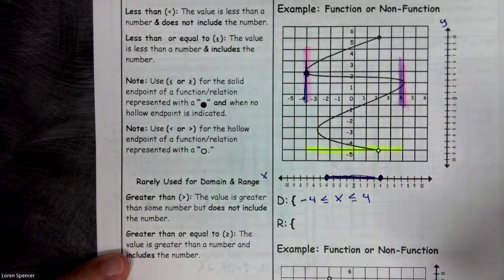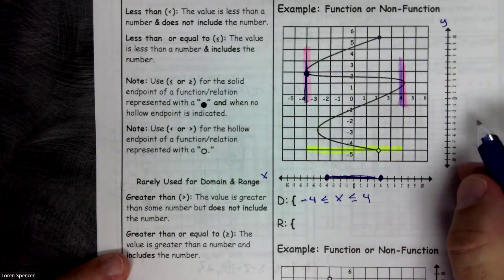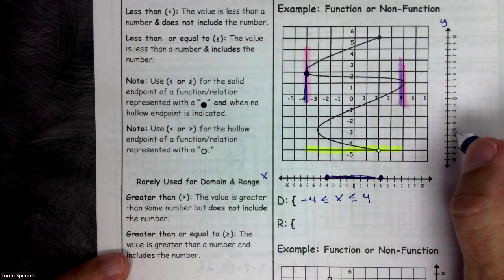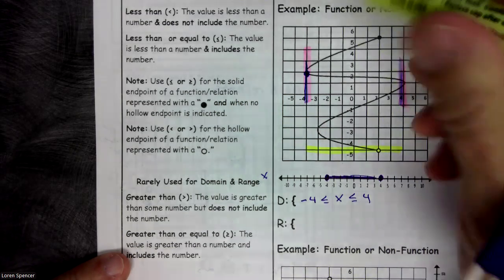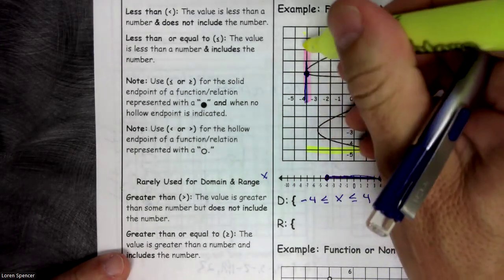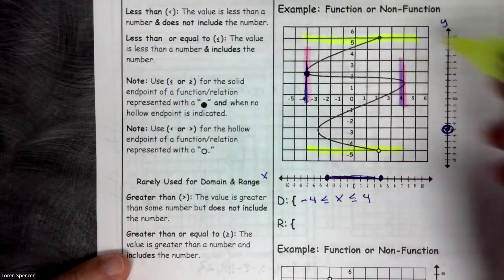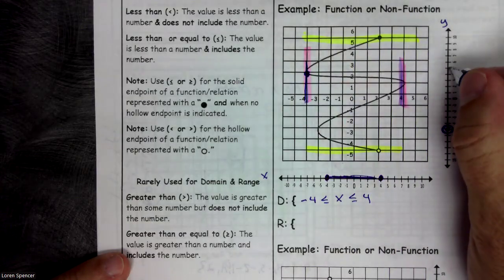Start it at the bottom. So our range starts at negative 5. And it should be a hollow. All right, so our range is negative 5. It's a hollow. And then our highest point is at positive 5. And at positive 5, we have a solid.